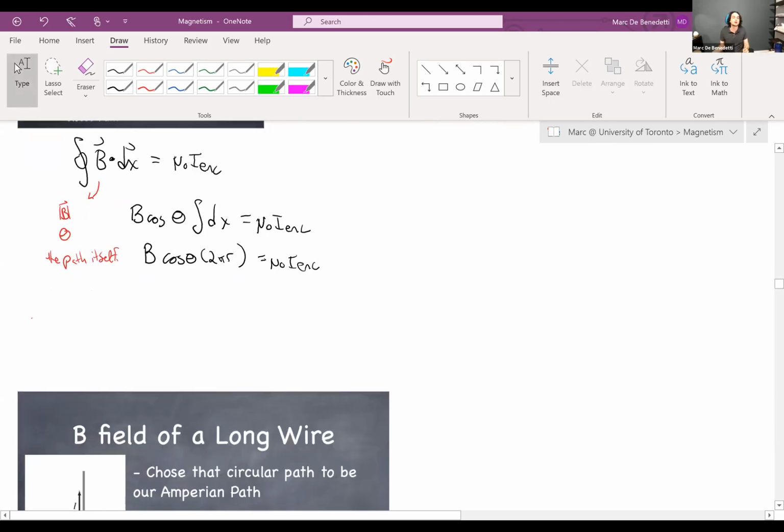And here, no more integral. Yay! So what we can do is we can just solve for B. And again, I'm making note here that cos theta will be equal to 1 because the angle is equal to 0. So this here is the B field.